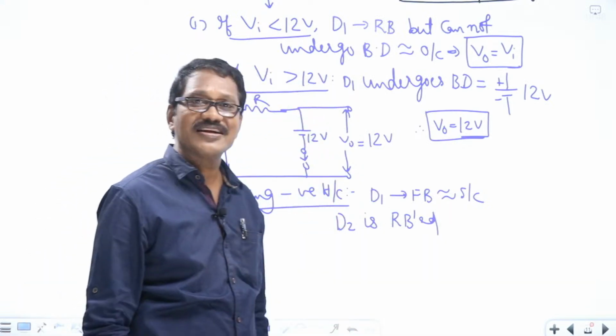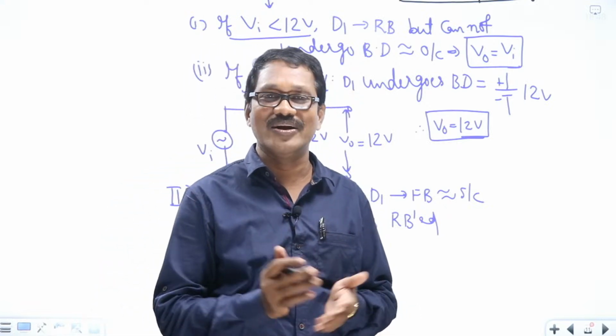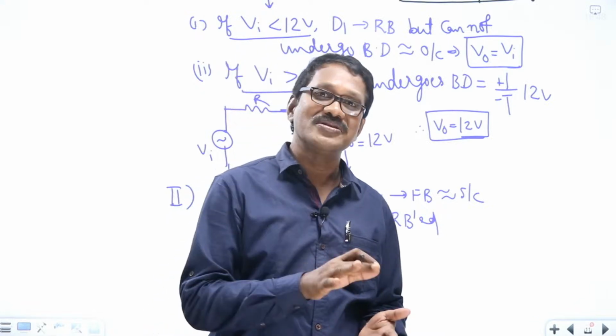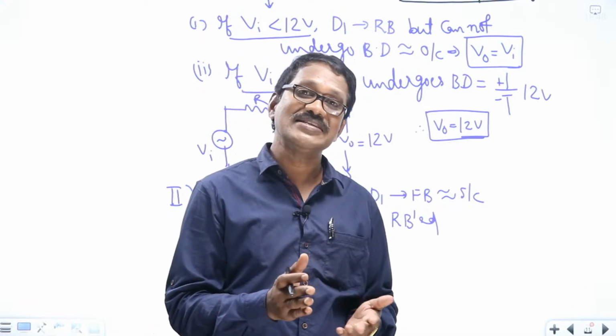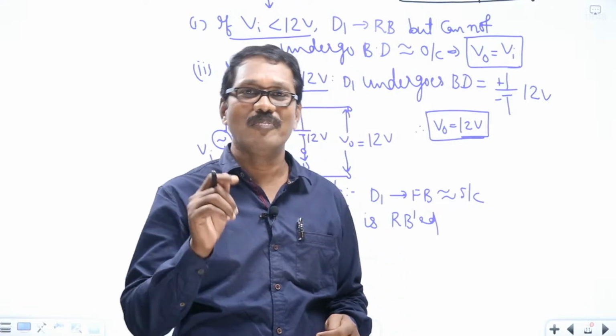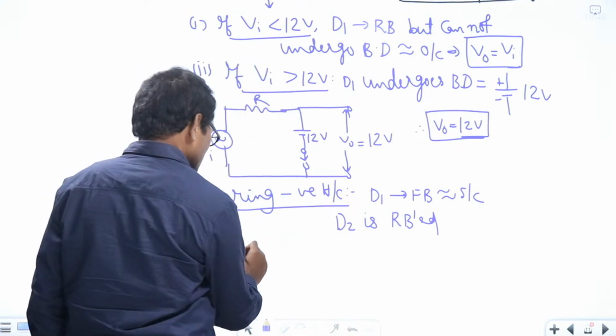Under reverse biased conditions, as I told you, we have to observe two different cases: before breakdown and after breakdown. D2 undergoes breakdown if the reverse voltage reaches -8 volts in the negative half cycle. Two cases.